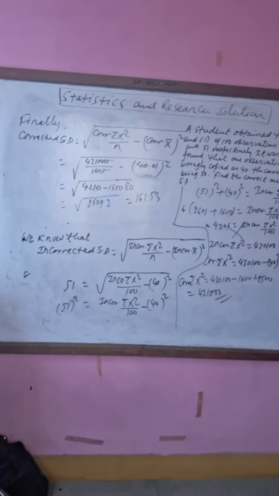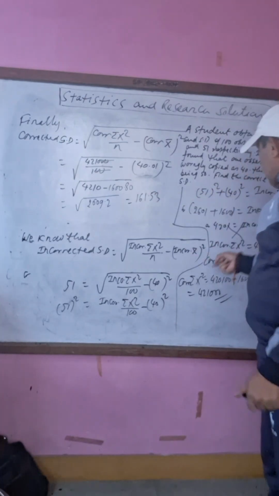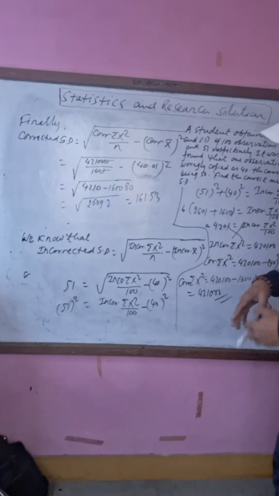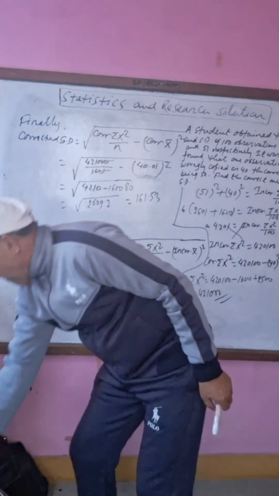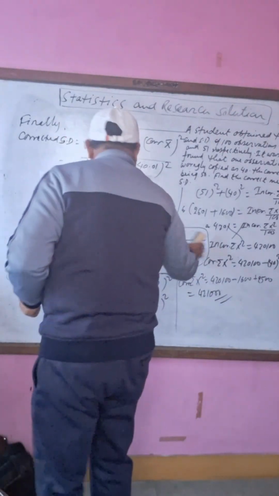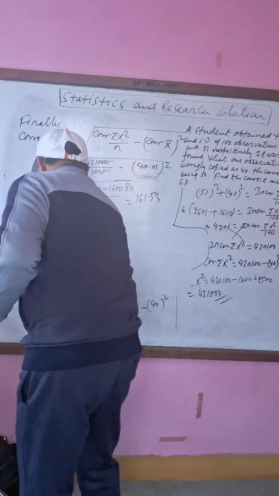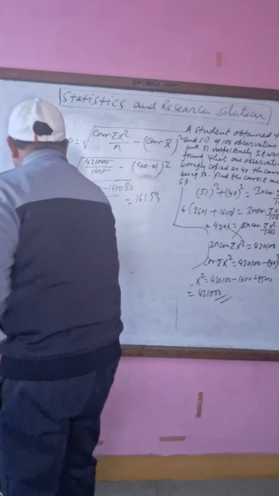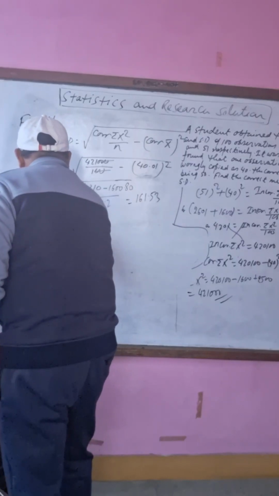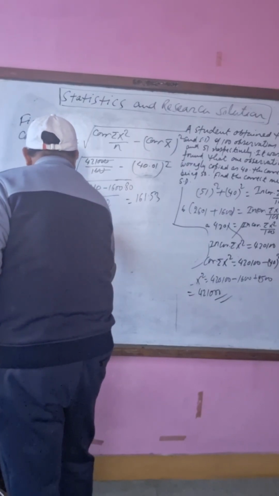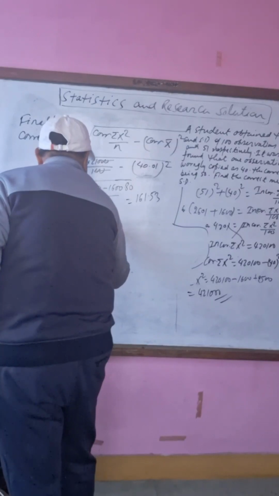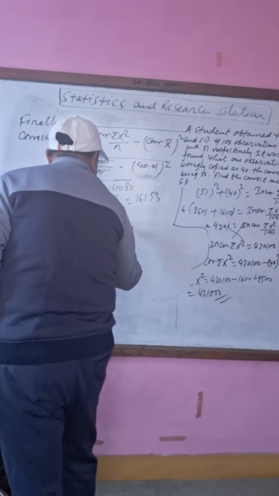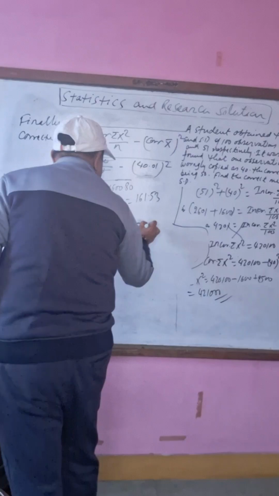Okay, now the corrected standard deviation is this one and the corrected mean is that one. Now you write. At last you interpret the value. Therefore, corrected mean is equal to 40.01.